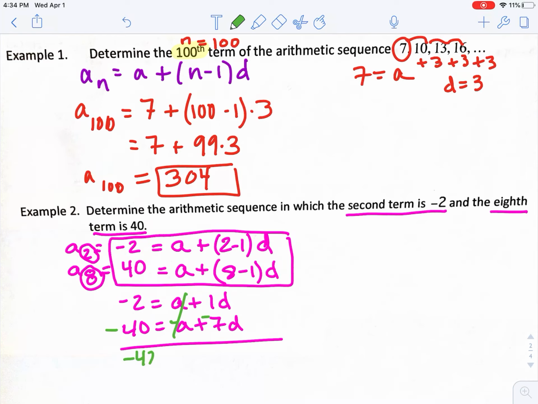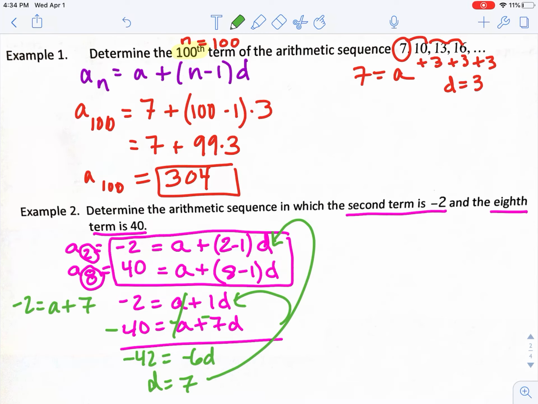So I get negative 42 equals negative 6d, and d equals 7. So I know the common difference. When I take that common difference, I can plug it back in to either equation, or I could plug it back in here even. That's probably easier. And I would get negative 2 equals a plus 7. And so a would just be negative 9.